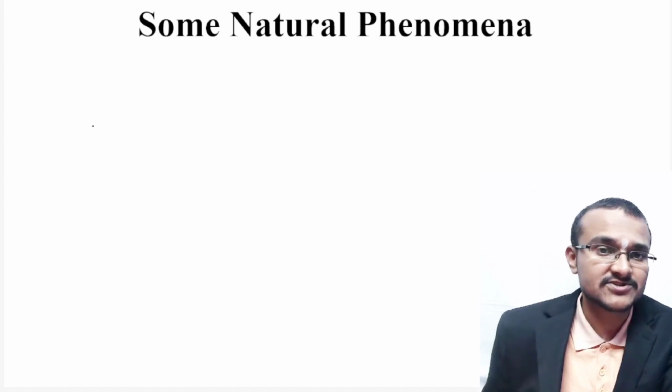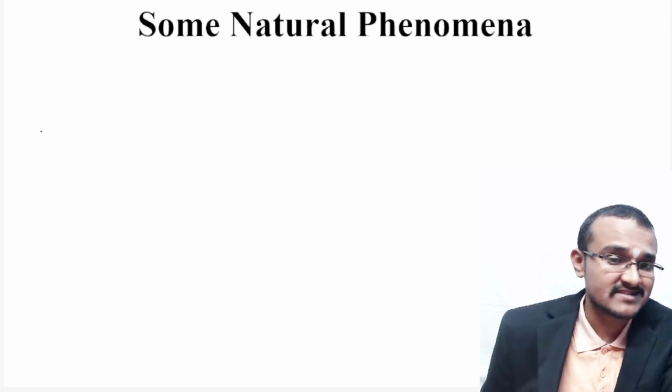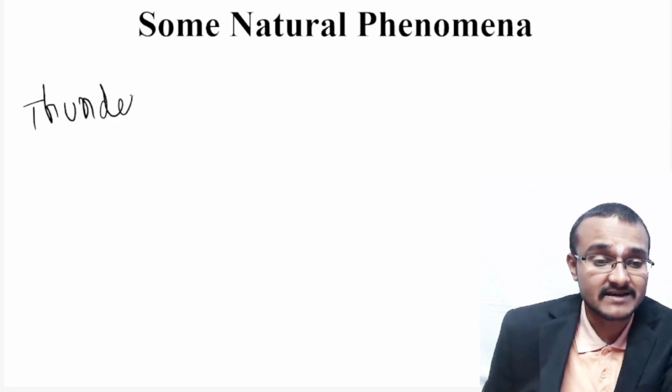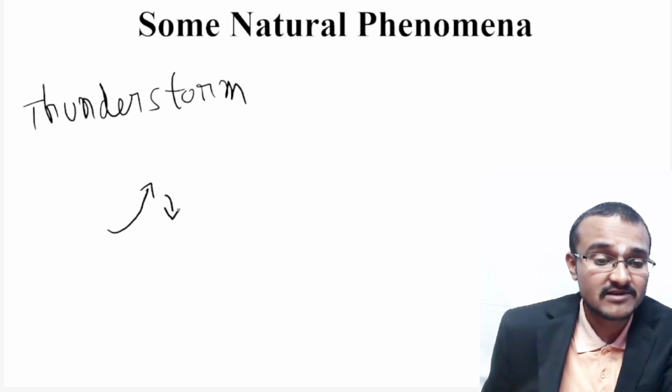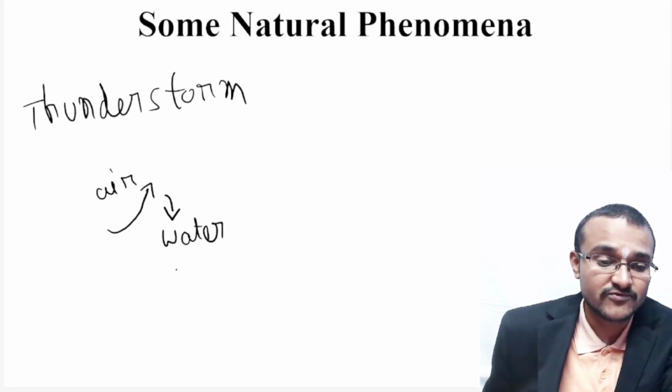Now we can dive deeper into understanding lightning. Whenever a thunderstorm is taking place, air currents move upwards and water droplets inside the clouds move downwards. That means the air current is moving upwards and the water droplets are moving downwards.